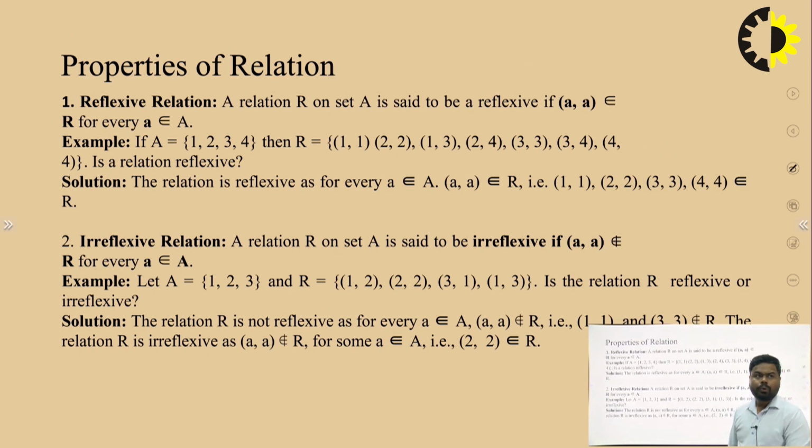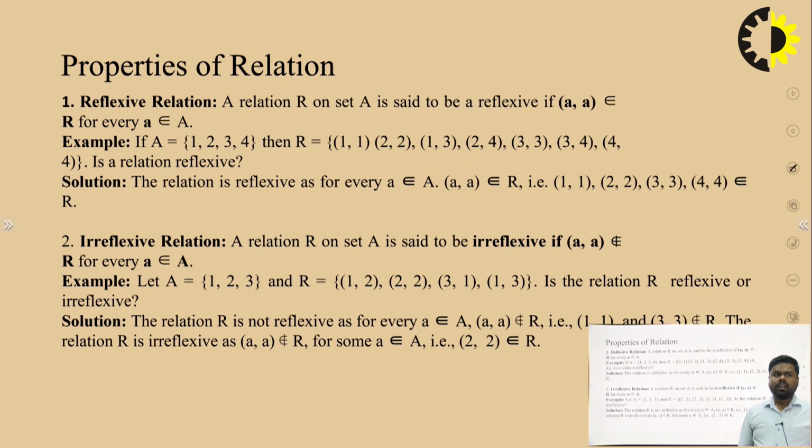Now, properties of relation. There are several properties of relation: reflexive, irreflexive, symmetric, antisymmetric, asymmetric, transitive. Okay, first is reflexive.